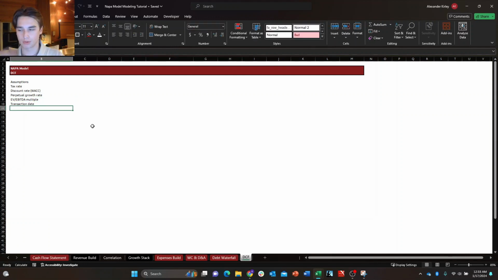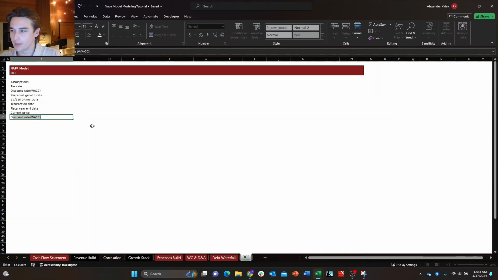and this is all up to you really. You don't need to do this a set way, at least these assumptions. I just like to have all of this listed so when someone is taking a look at the model, they can understand where these numbers are deriving from. Then I'll do the fiscal year end date, the current price, the diluted number of shares outstanding.